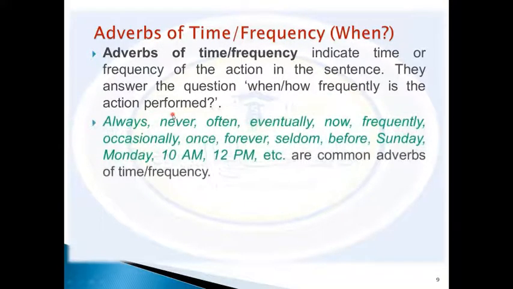So let's think of the words, or adverbs of time and frequency: always, never, often, eventually, now, frequently, occasionally, once, forever, seldom, before, Sunday, Monday, 10 a.m., 12 a.m., etc. You can think of them all as common adverbs of time and frequency.